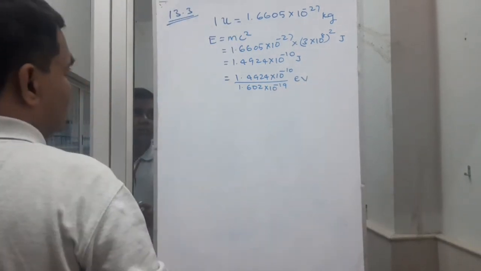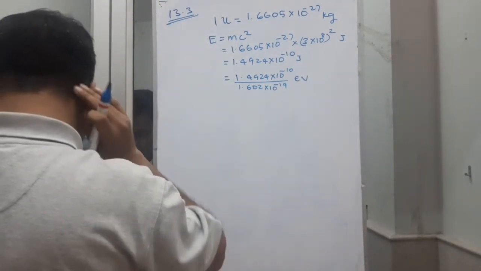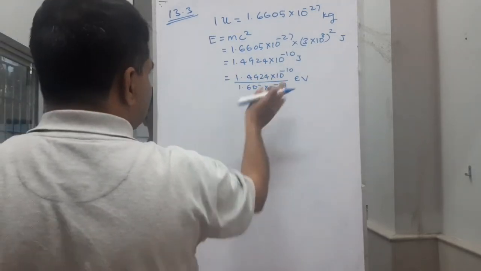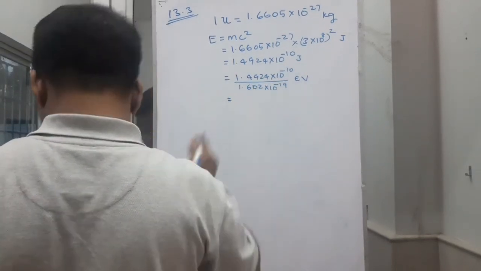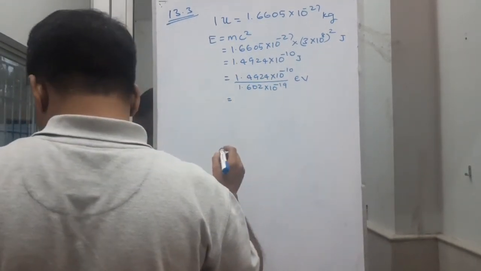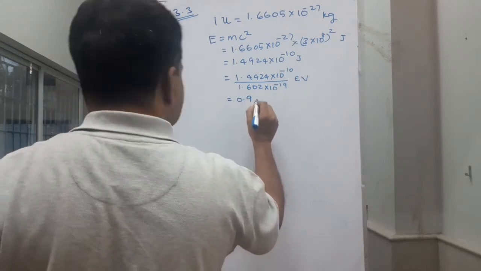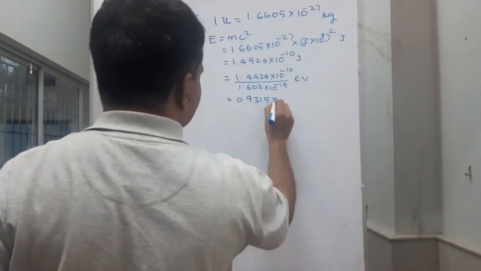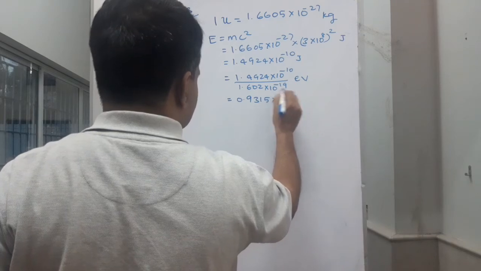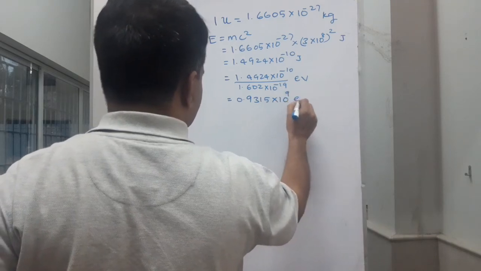And this would give me, how many electron volts? This is going to give me 0.9315 into 10 to the power 9 electron volt.